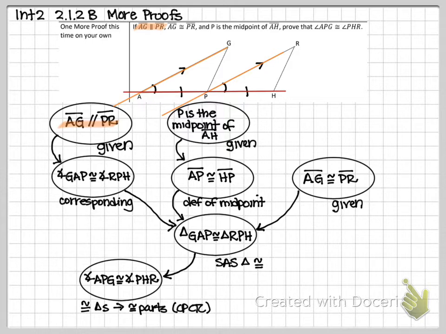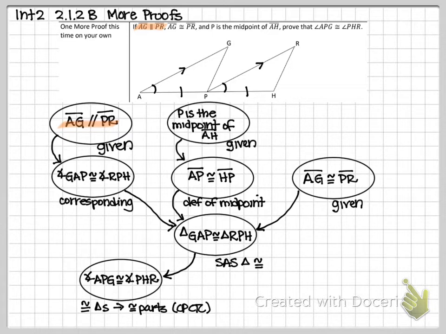So I just did that as a tool for myself. So GAP and RPH are going to be corresponding angles. So let me get those markers out of there. But they were helpful to me when trying to determine which angles matched up.